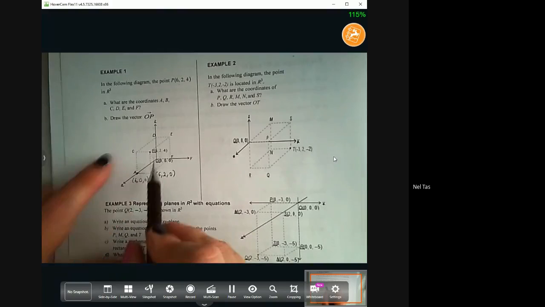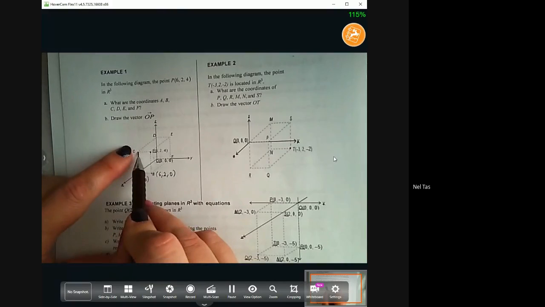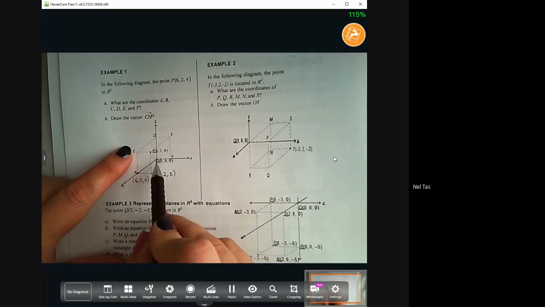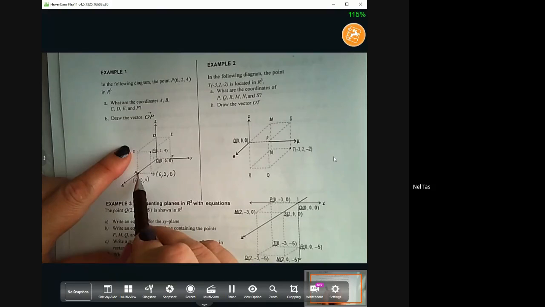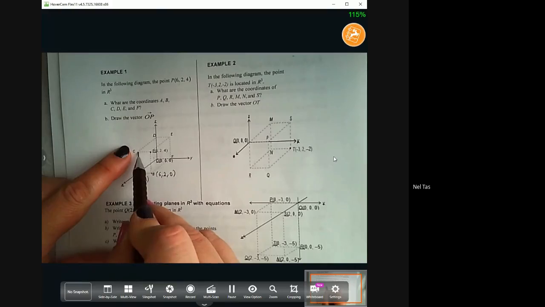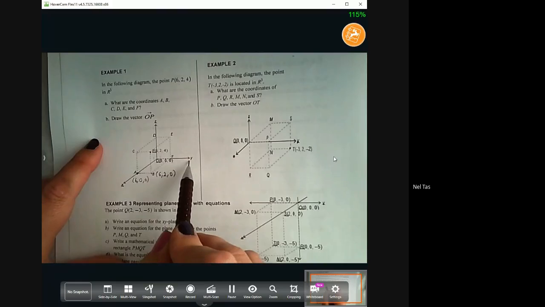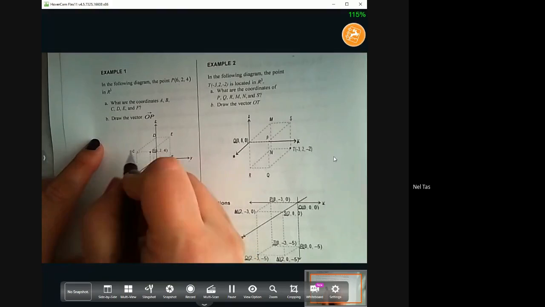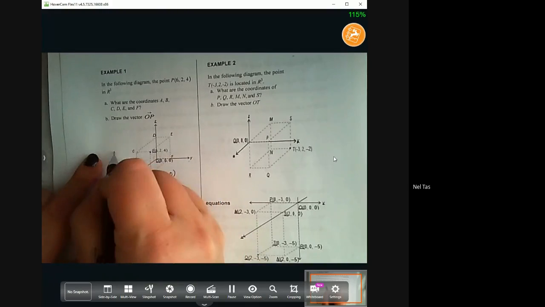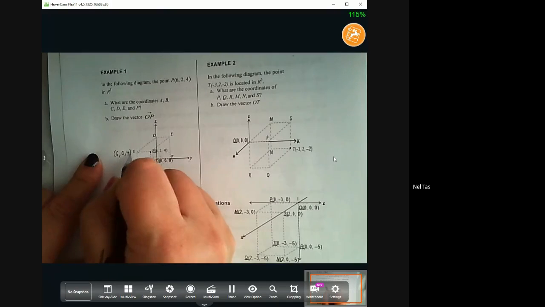Now let's look at C. To go to C from the origin, you go 6 units on the x-axis, and then you go 4 units up parallel to the z-axis. We don't go right or left. Therefore, the y coordinate is 0. So for C, we have (6, 0, 4).